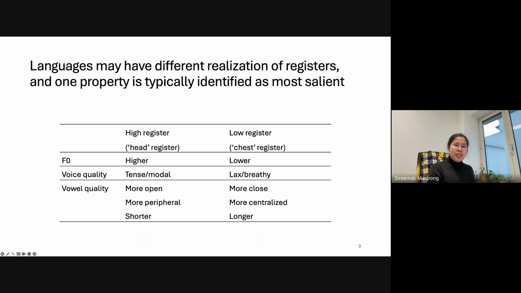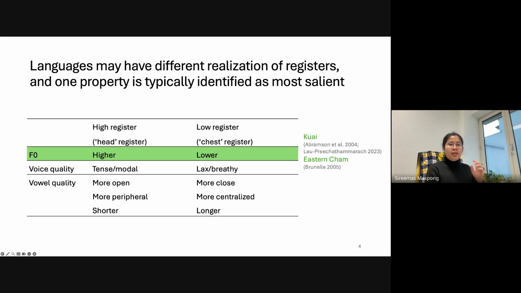And in previous studies, languages may have different realizations of register. It has been reported that different languages have different realizations, and usually one property is identified as most salient. For example, in the case of Gui and Eastern Jam, it has been reported that F0 is the most salient property.